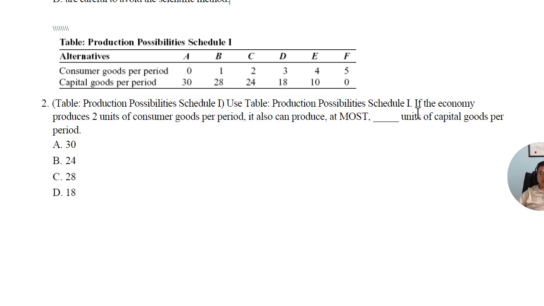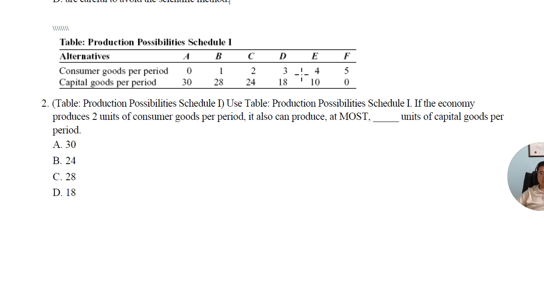And the question is, if the economy produces 2 units of consumer goods per period, it also can produce at most, okay, that will be this number at most. How many units of capital goods per period? That's question 2.